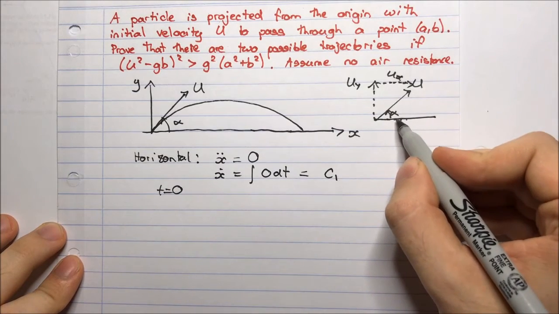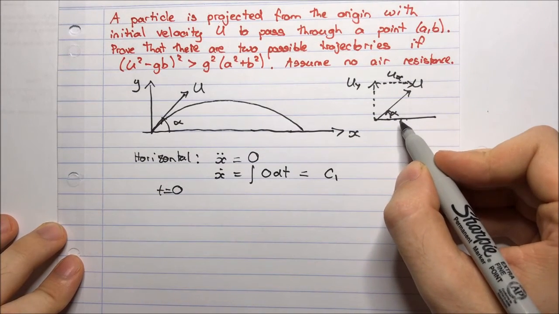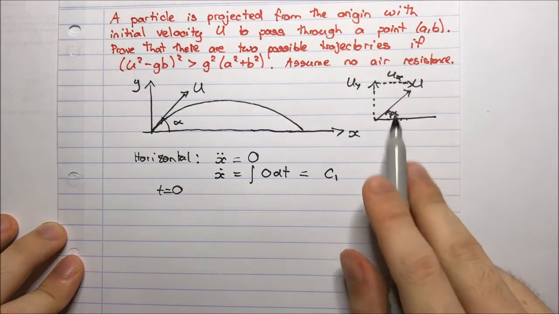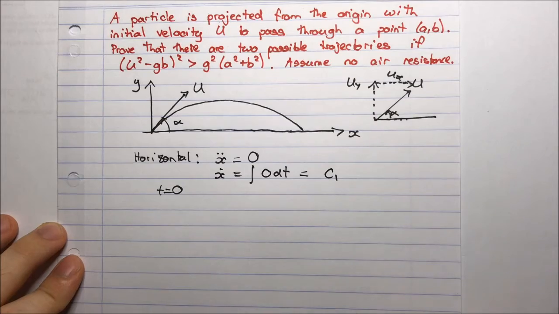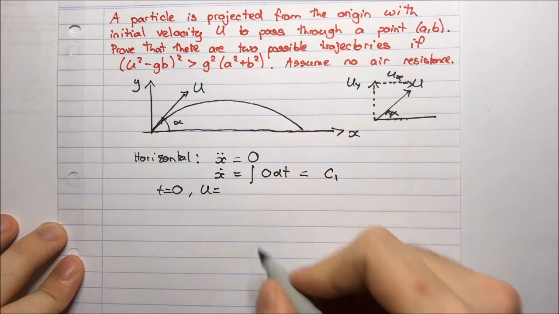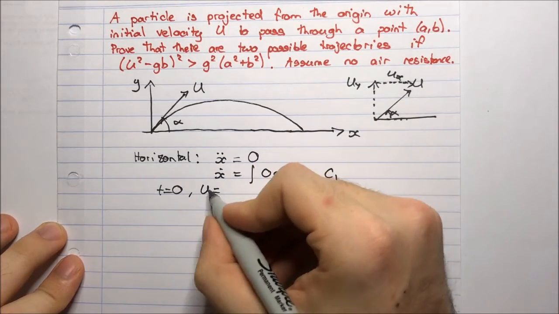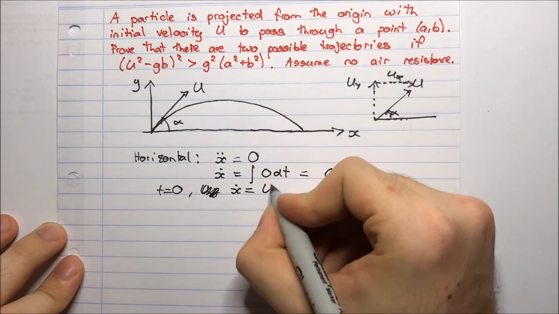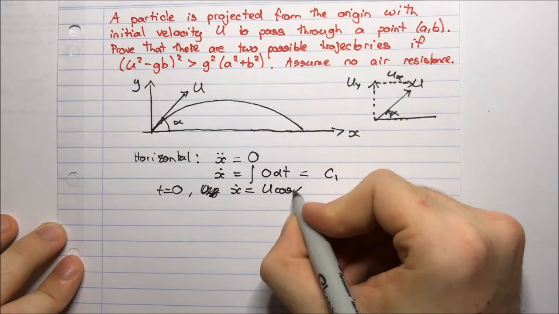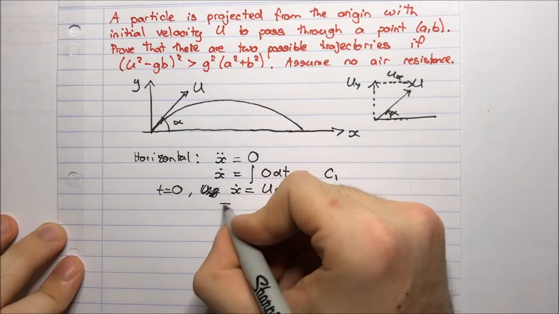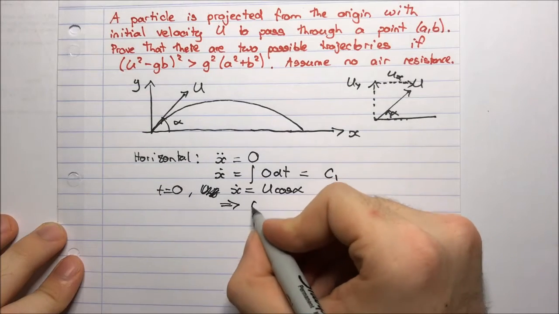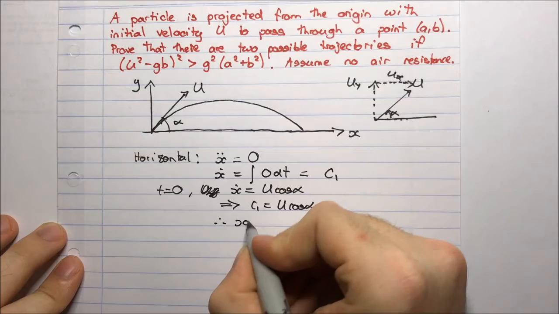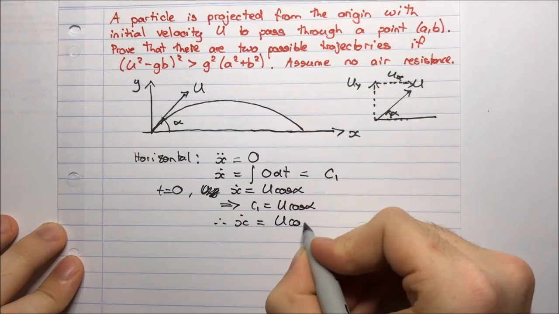So ux is going to be, if I just use Pythagoras' theorem, ux equal to u times cos alpha. Or let's actually call it x dot, since that's what we're using here, is equal to u cos alpha. And so therefore, if I sub these in, that's just going to mean C1 equals u cos alpha, which means that x dot is u cos alpha. Fine.